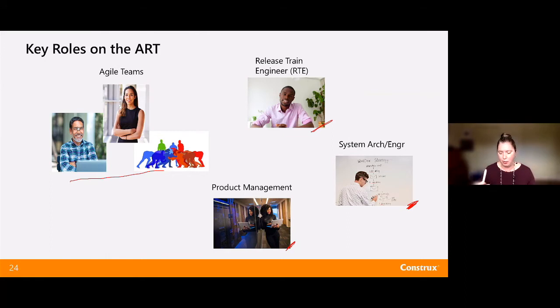So really making sure that the value delivery part is being done. And so there'll be a relationship between these groups with the enablers coming from the architecture group and the features coming from product management, and that really feeding into the backlog that feeds all of these teams in the ART.